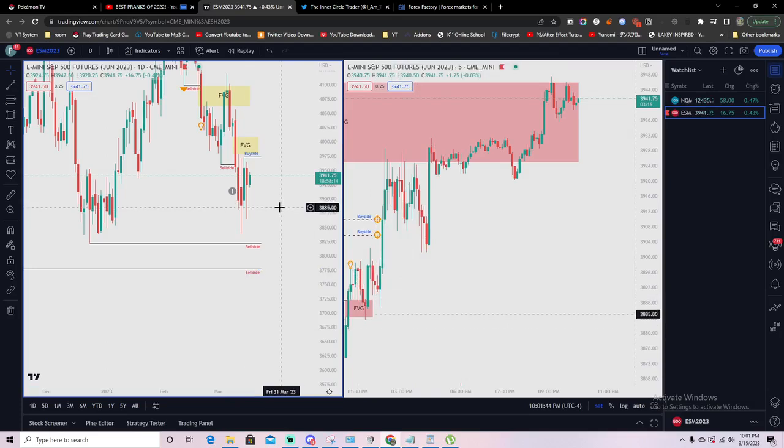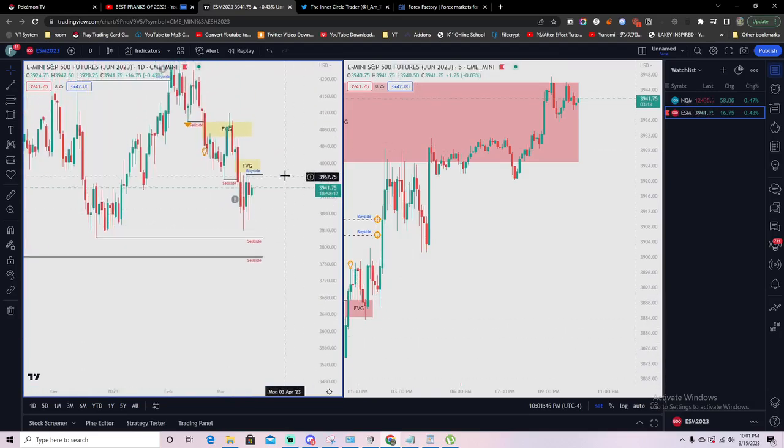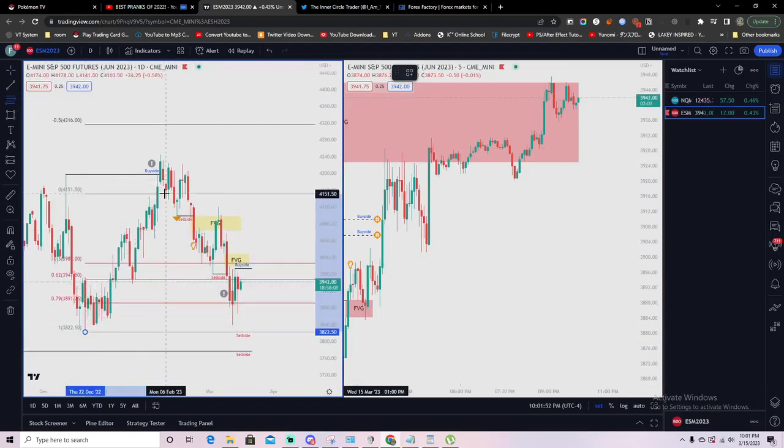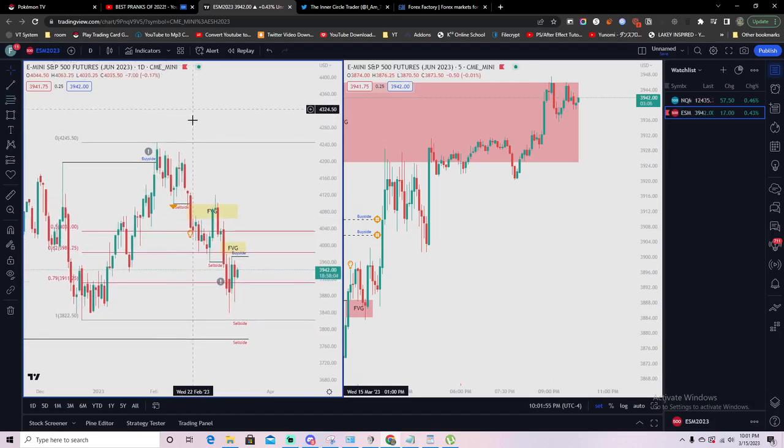Cool. Now let's look at the prior price leg using the fib. We're going to mark from here to here, and see where price is currently on the daily time frame.